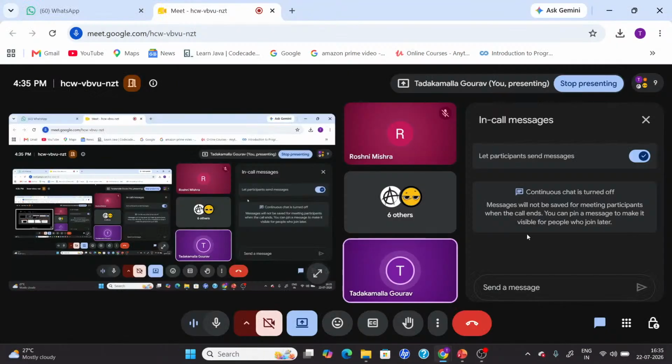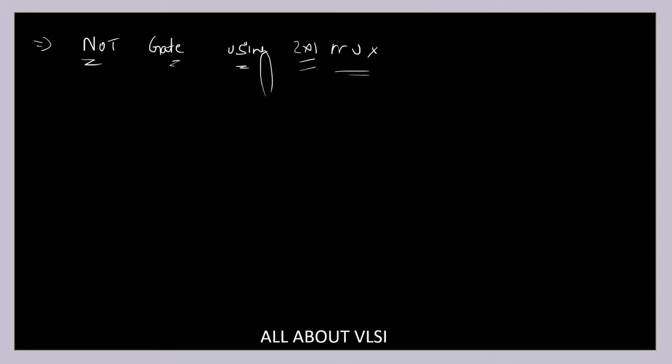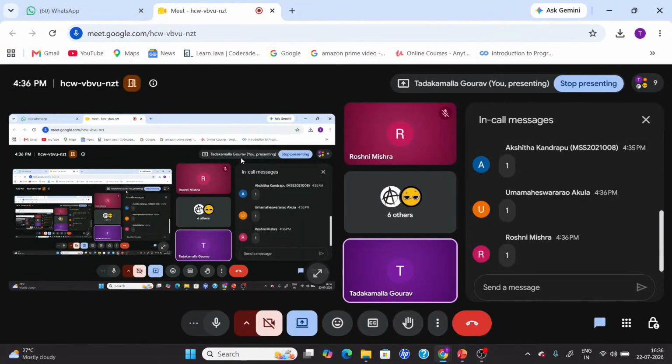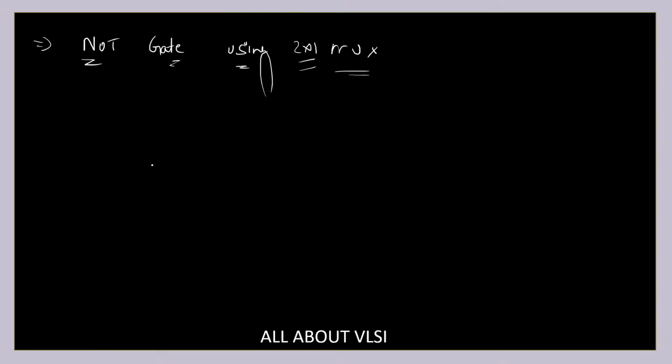Any guess? Only one. Exactly. Now, how to implement it?